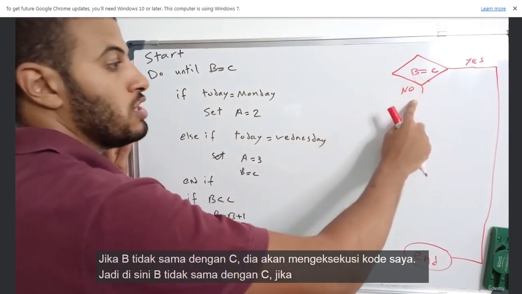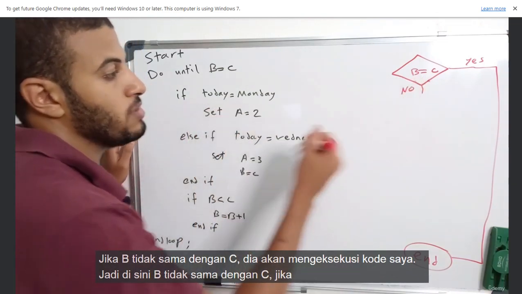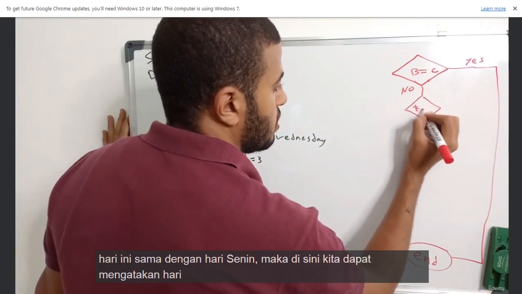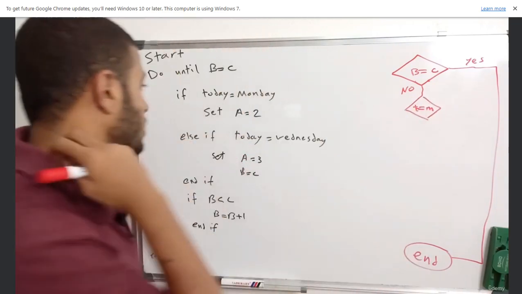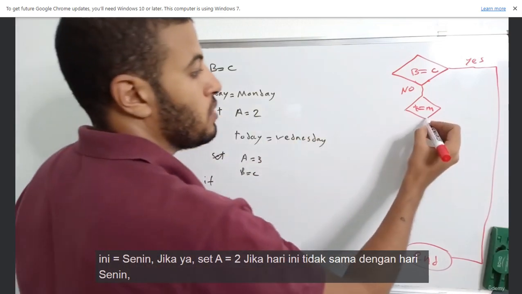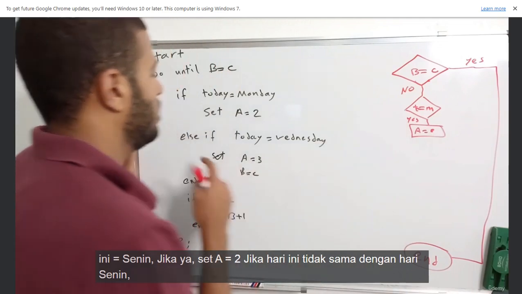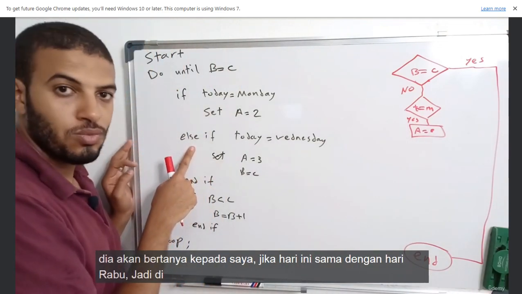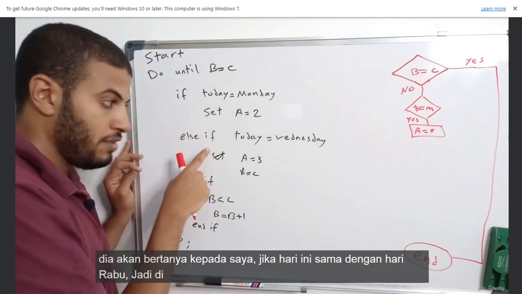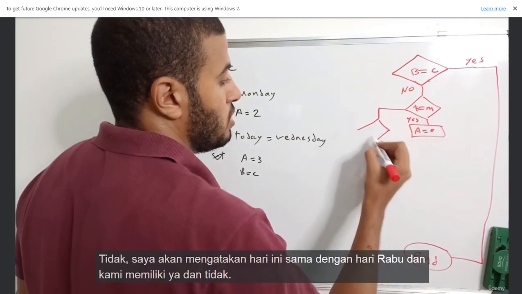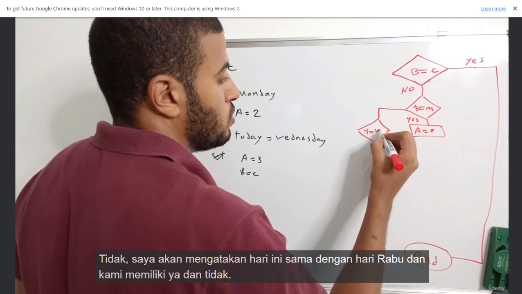So here, B is not equal to C. If today equals Monday, so here we can say today equals Monday. If yes, set A equals 2. If today is not equals to Monday, it will ask me if today equals to Wednesday. So here, no, I will say today equals Wednesday.